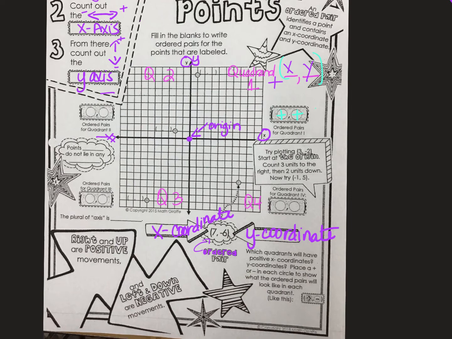Anything plotted in quadrant 2 is going to be a negative for X and positive for Y. If it's plotted in quadrant 3, it's going to be a negative and a negative. Quadrant 4 would be a positive X and a negative Y.